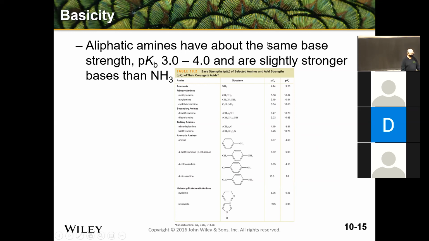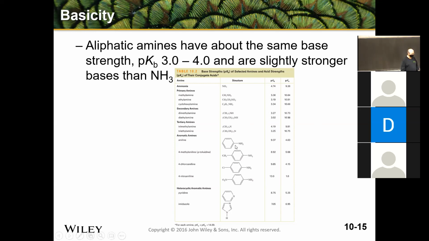With tertiary amines, in some cases there's not much change. There are some other factors involved, including solvation. Tertiary amines are less solvated in water. They're less surrounded by water molecules.